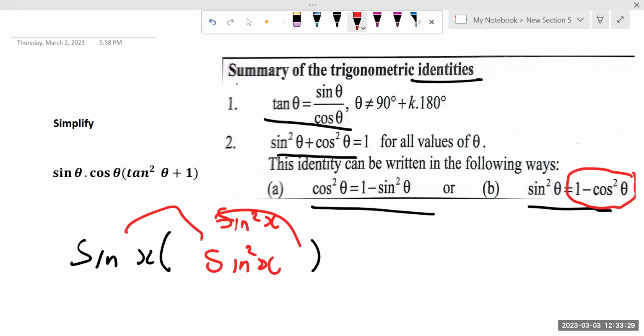Then I can multiply. This one multiplied by this one is going to give me sine cubed of x, because they work exactly like normal variables. It's like bases are the same. If bases are the same, we don't multiply the exponents, we add the exponents. So this is going to be our final answer here.